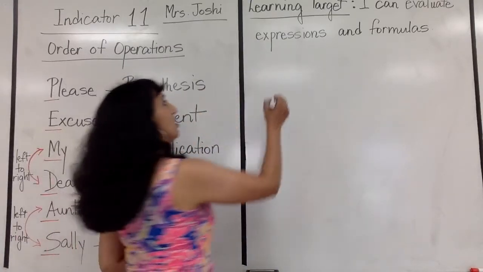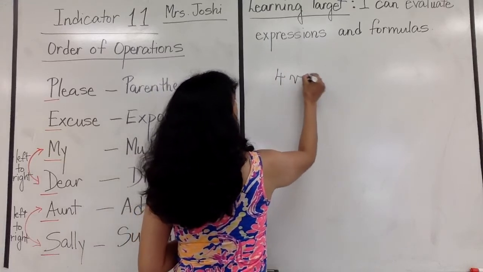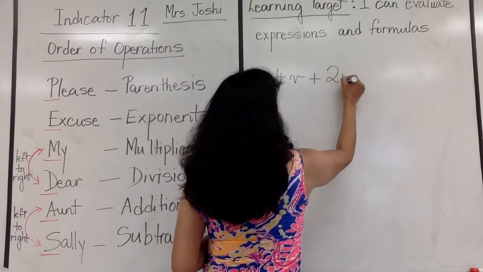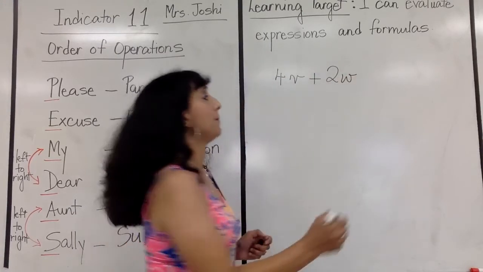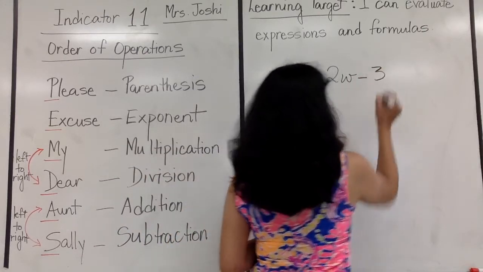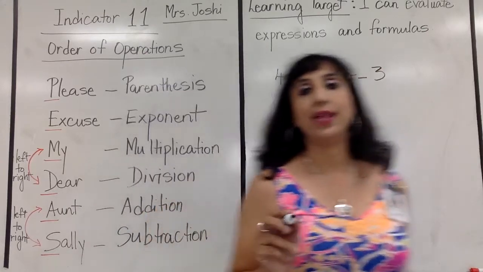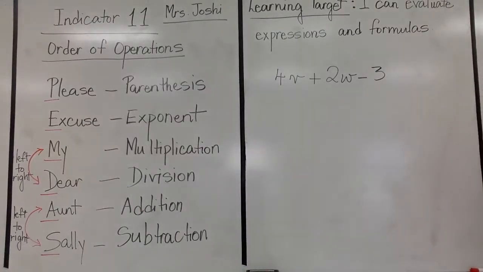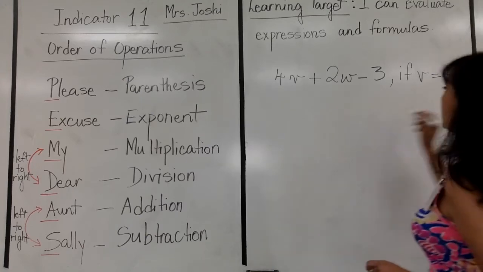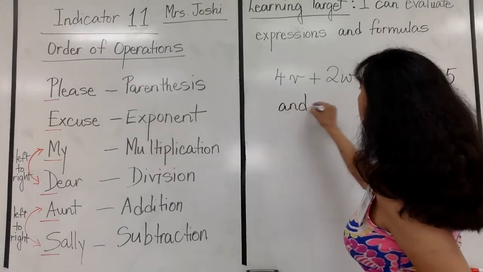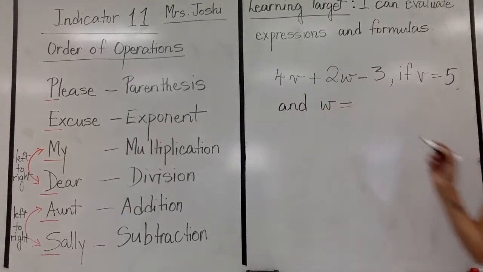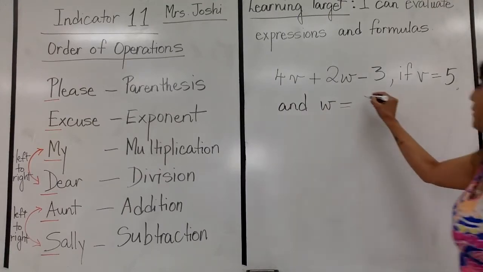And my question is 4v plus 2w minus 3. Okay, and then it says if v is equal to 5 and w is equal to 3.